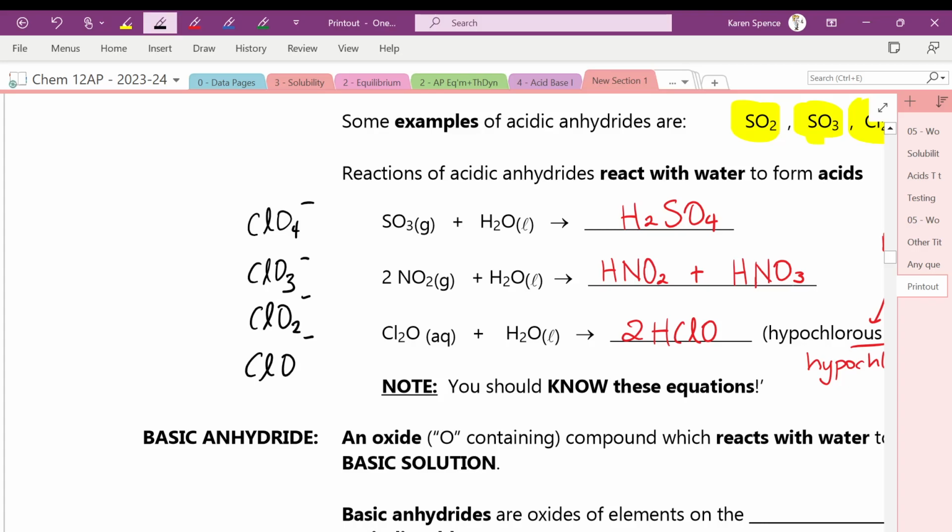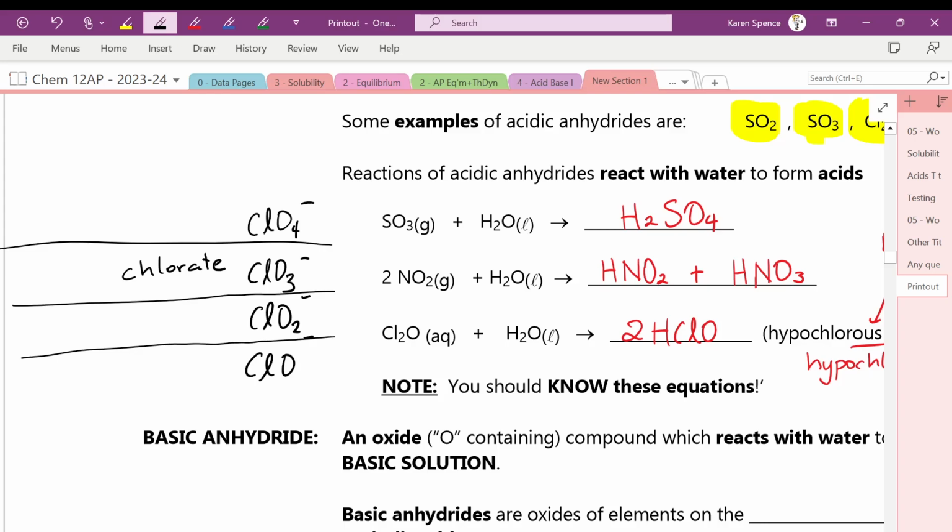I'll give you a start. This one here is chlorate. If you know that's chlorate, you should be able to name at least the one below it. ClO2.